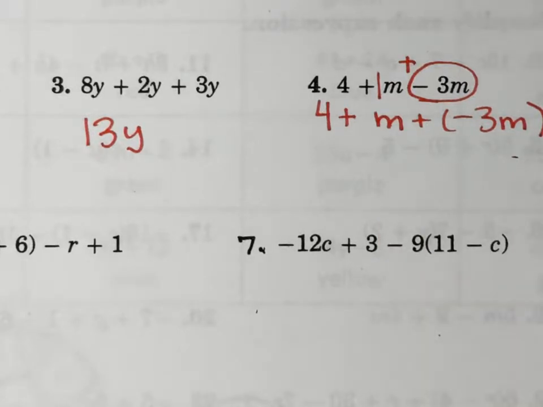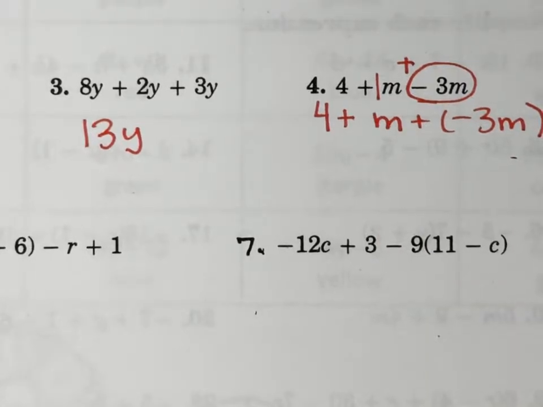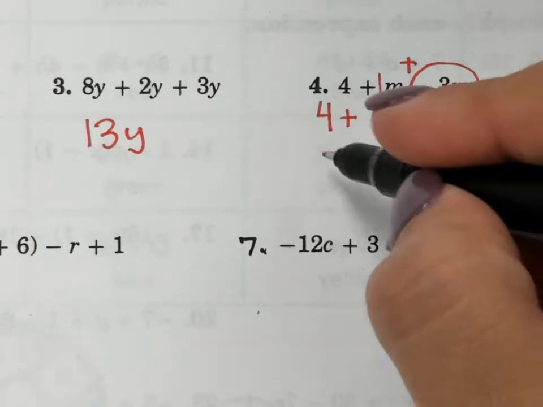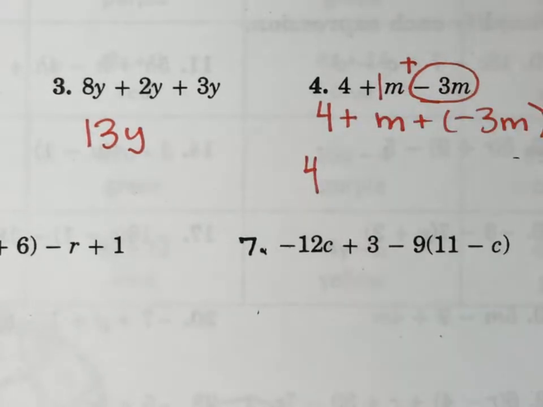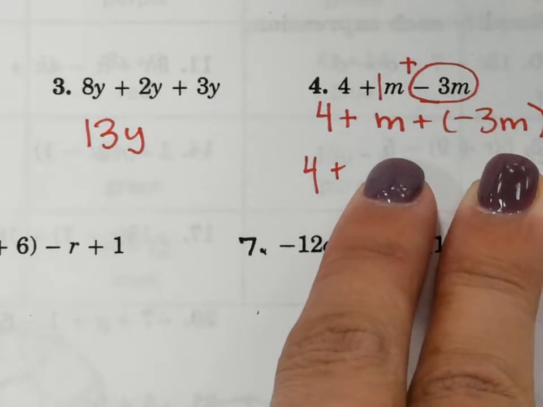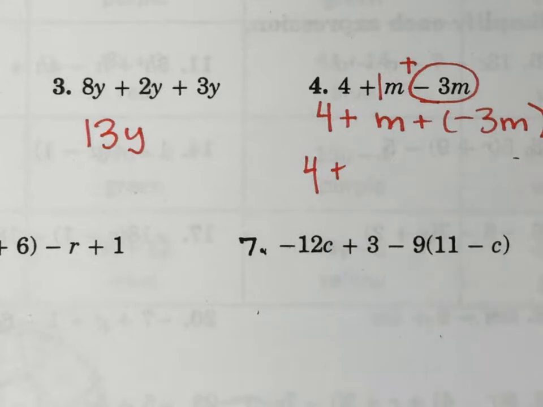What are my like terms here? M and negative 3m. Good. So my 4, I can't do anything to it. But I can combine my m's. So what is 1m plus negative 3m? Negative 2m.